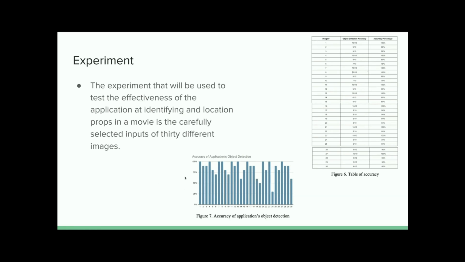Sometimes it predicts as high as 100%, but sometimes it can get as low as 30%, as shown in the 24th image presented here. Based on this result, we have the conclusion that it is overall accurate, but we still need further training of this algorithm to make it more well-rounded, to make it more perfect.